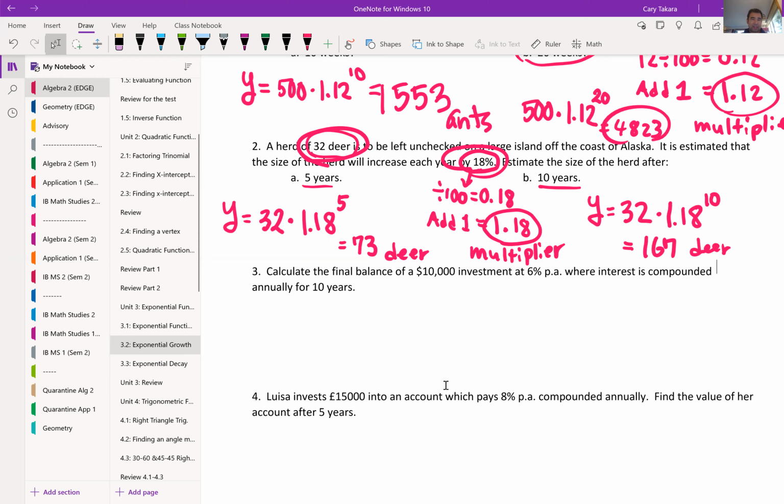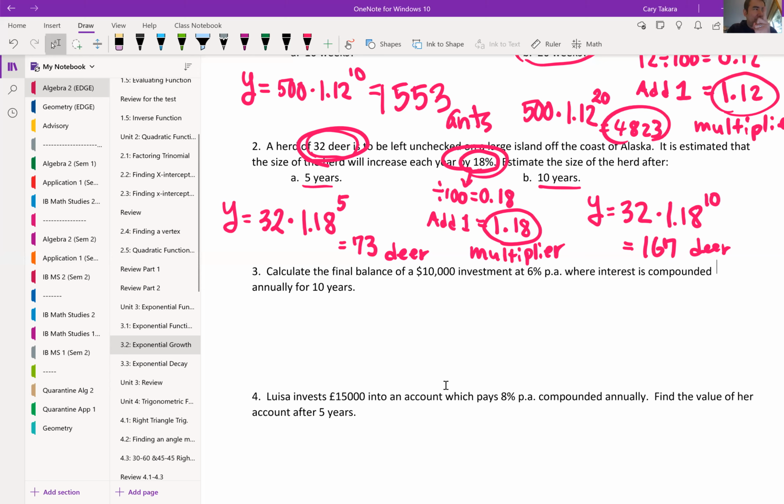But again, just think of 10,000 as 10,000 ants, if that makes it a little easier, right? It's the same thing. You have 10,000 ants, it's increasing 6% every year. It just became, ants became a dollar sign. And so let's go through this.